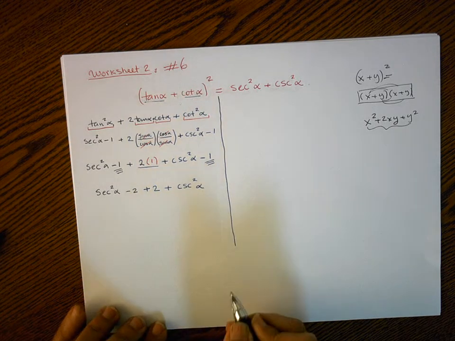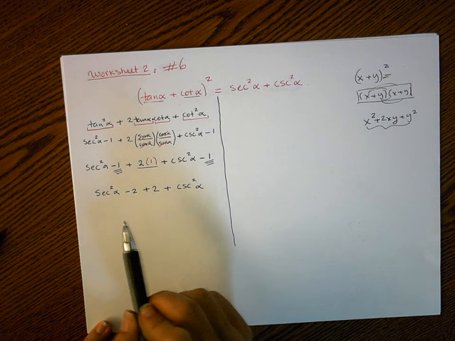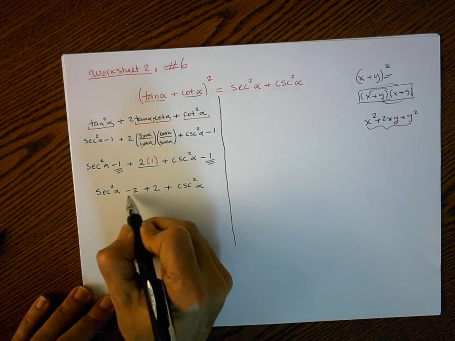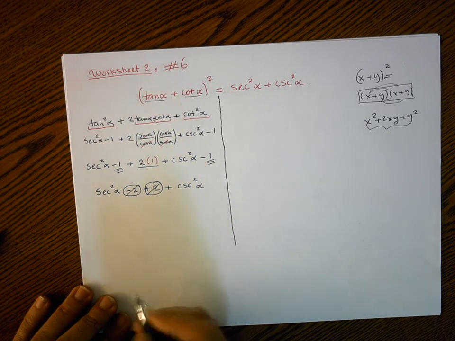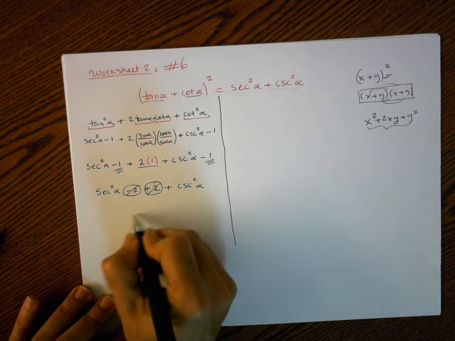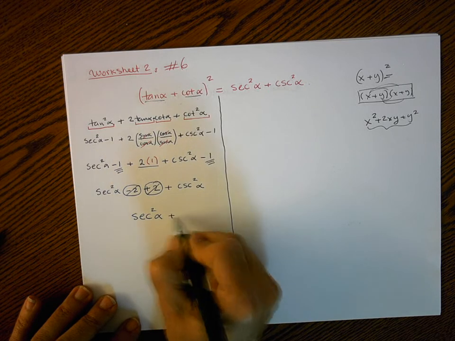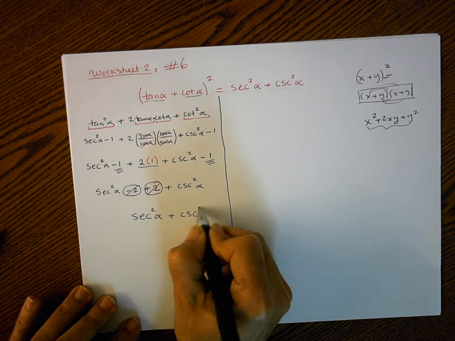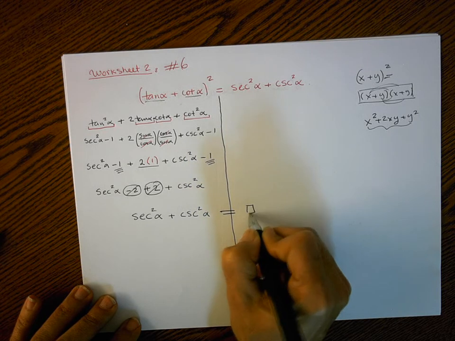All I did was combine my negative 1s to give me my negative 2. And then I can see that this negative 2 and this positive 2 go away, add up to 0. So now I have the secant squared of alpha plus the cosecant squared of alpha, which is exactly what we have over here on this right-hand side.